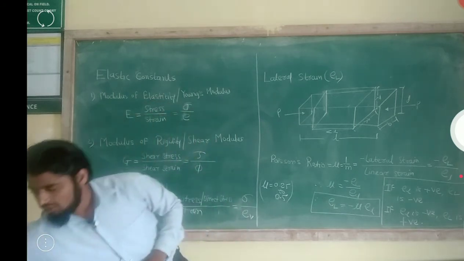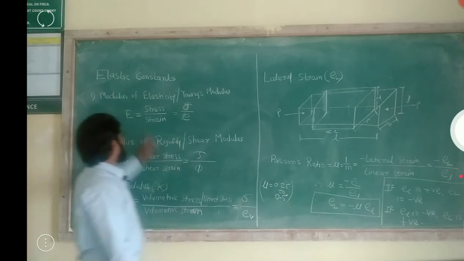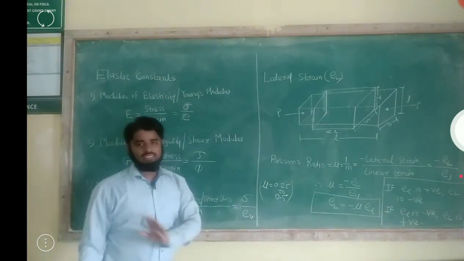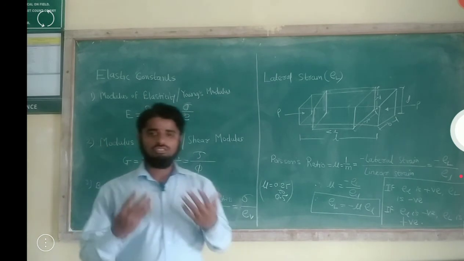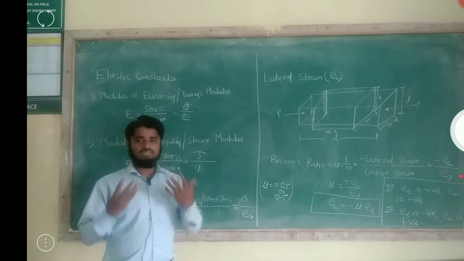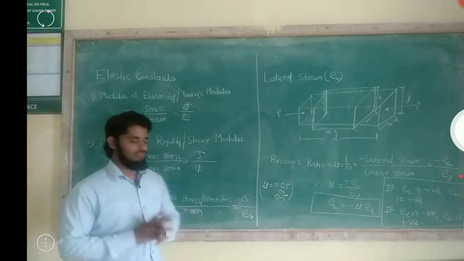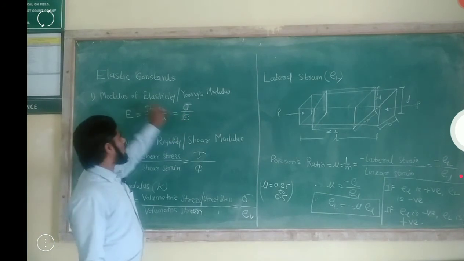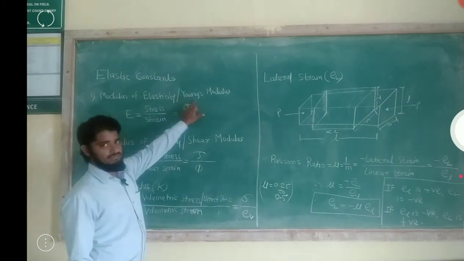Now what is meant by modulus of rigidity? We already know what the modulus of elasticity is. It is also known as Young's modulus, and it is the ratio of stress to strain, we can say linear stress to linear strain. It is denoted by sigma upon e.